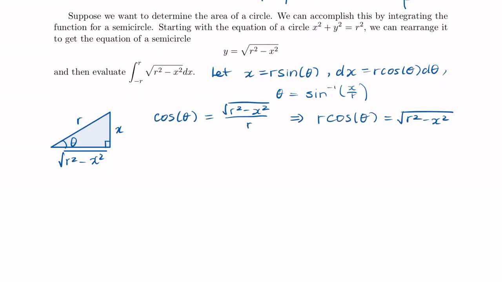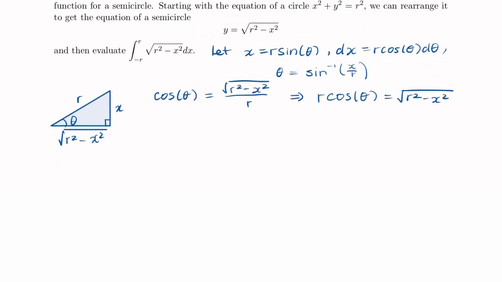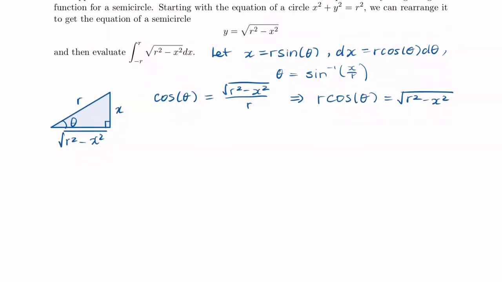So let's go ahead and put the stuff in. But first of all, note that we're integrating from negative r to r with respect to x, but we want to change it to with respect to theta. All right. So let's change the bounds here.